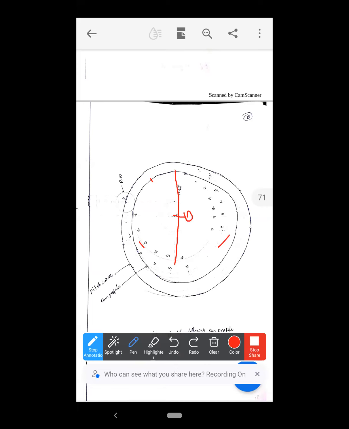Later you have to draw another circle inside. That circle is the offset circle, and its radius is 15 mm. Draw the offset circle, and this is the base circle.